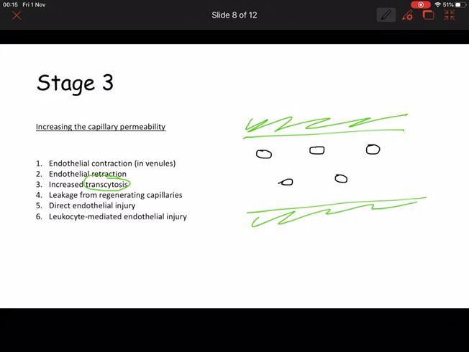Transcytosis is the transport of these proteins directly through the capillary endothelial cells into the interstitium. This process is mediated by VEGF, which is vascular endothelial growth factor.